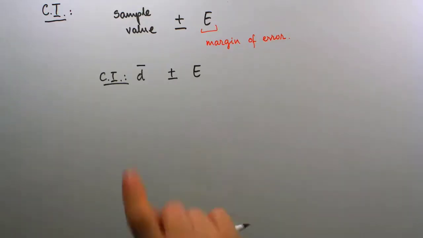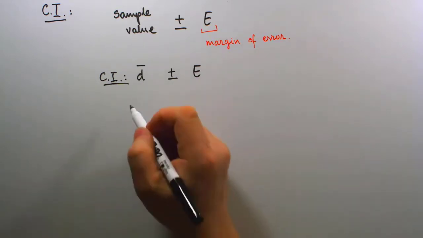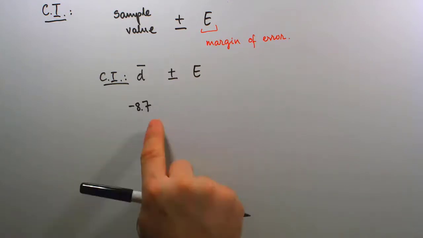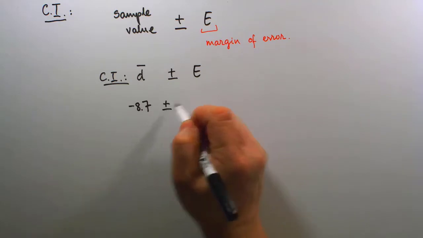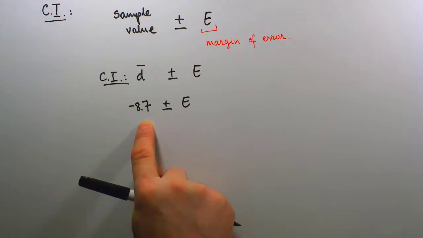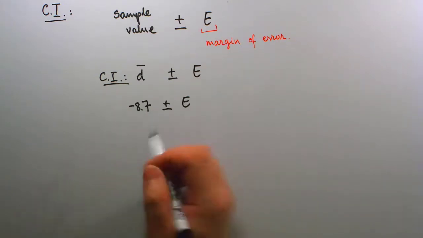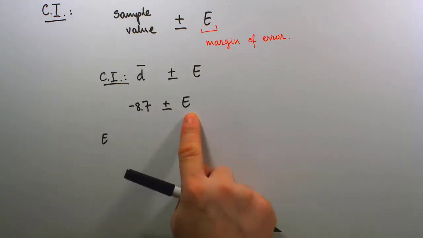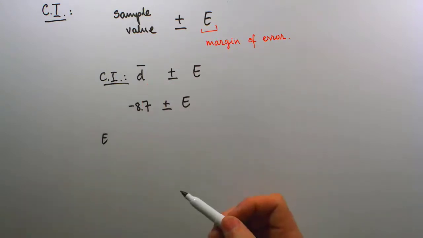And so in that way, consequently, our final confidence interval, I am expecting that it must be taking negative 8.7 as the center. Then we are going to figure out a margin of error up and down from where our sample value was. And so in this case, the only thing we need to look for is a formula to calculate our margin of error for estimating the difference between two population mean values.